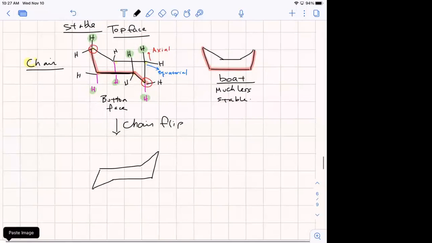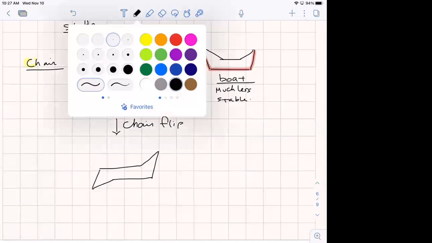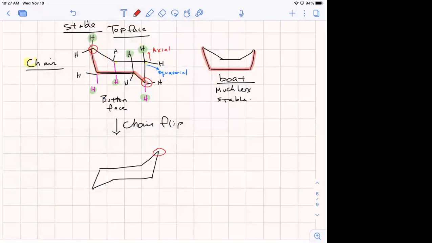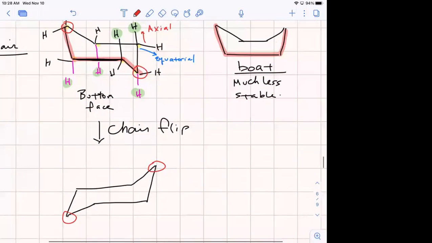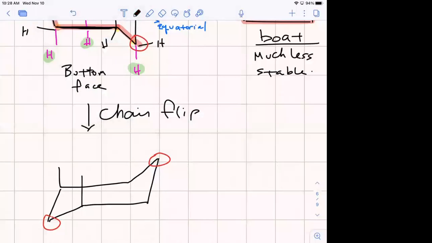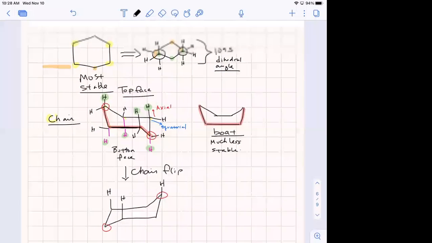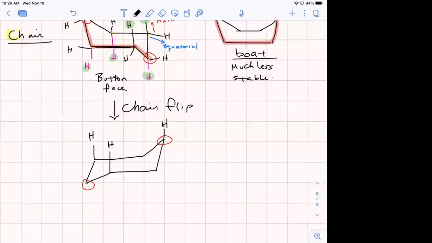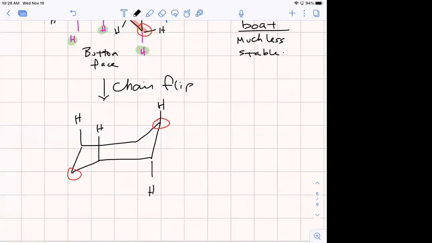All right, so this carbon, let me circle it, is now pointed up. And the back carbon that was circled in red is now here. Let me put the axial positions back in, because all of those would have been your equatorial hydrogens. So here, and then here. On the bottom face, it's the same. Here, here.